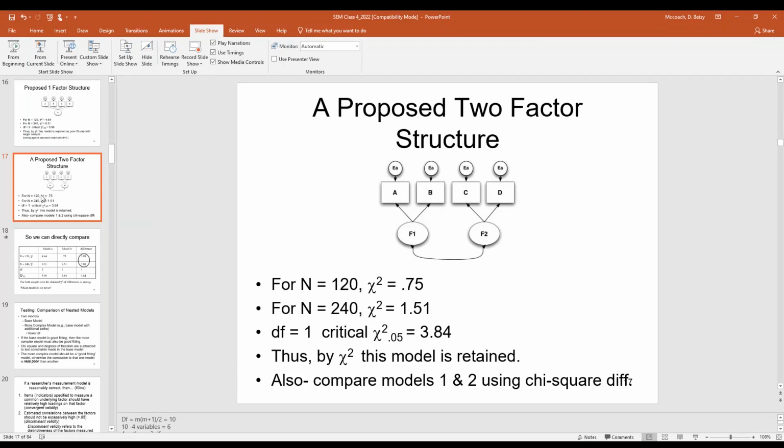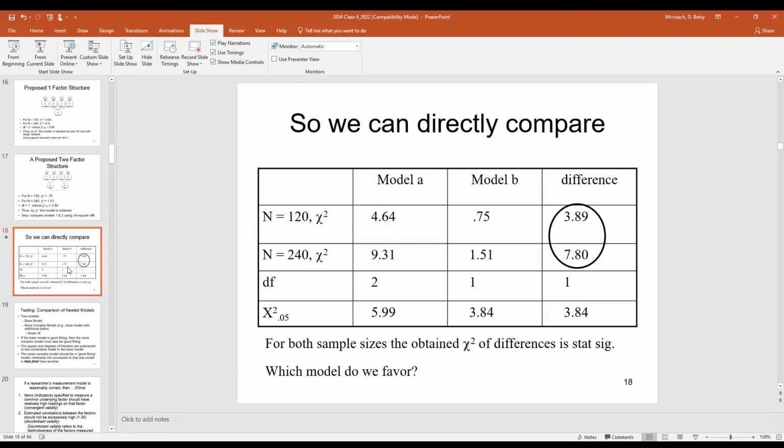Just for a hypothetical sense, if the difference was 3.2, then the conclusion would be that there is not. Could you follow up with that conclusion? Yeah. Let's say the difference here were 3.8, right? Then the way to think about it is the chi-square for the simpler model isn't that much higher than the chi-square for the more parameterized model.